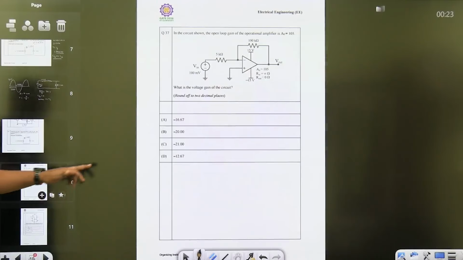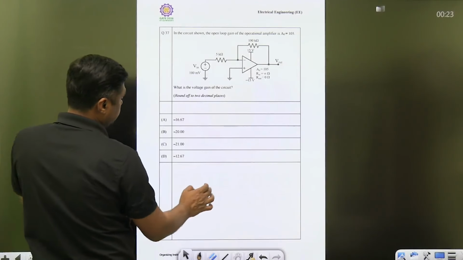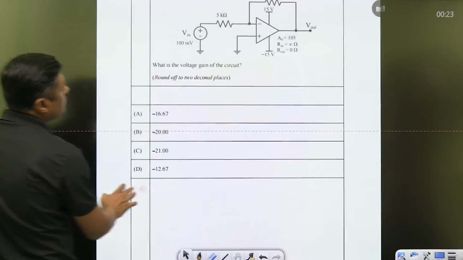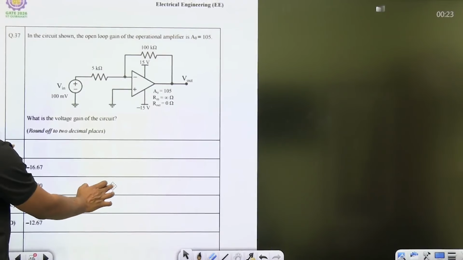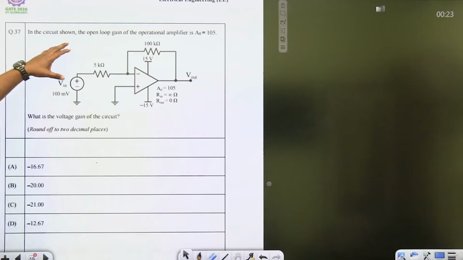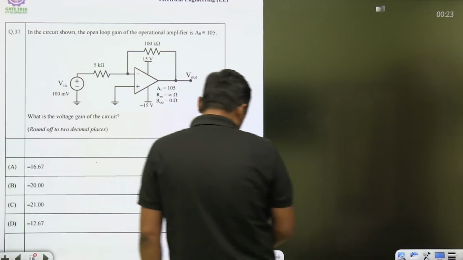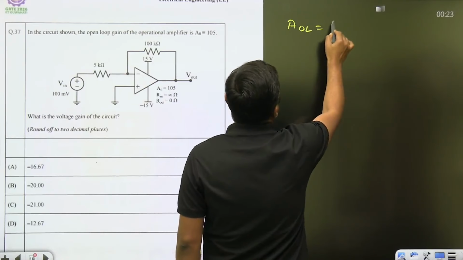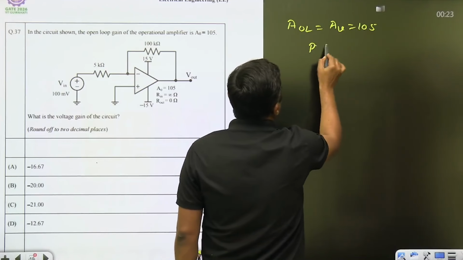Then operational amplifier. Next question. Watch this, guys. In the circuit shown, the open loop gain of the operational amplifier is 10^5. This is the practical operational amplifier. If for any operational amplifier the open loop gain AV is given as 10^5, it means it is a practical op-amp.